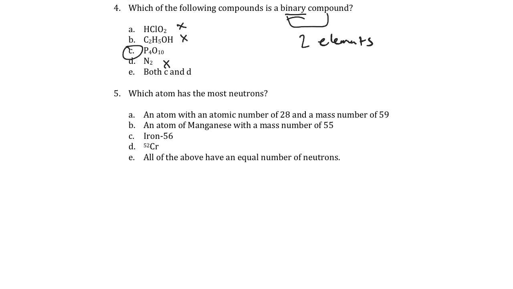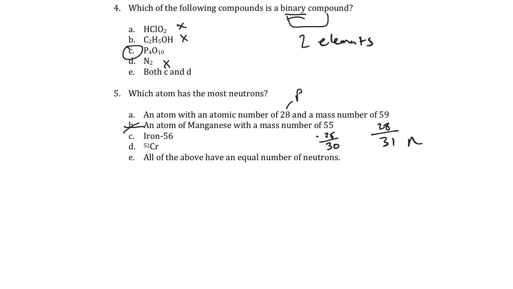Number 5, which one has the most neutrons? An atom with an atomic number of 28, mass number of 29. So this would be the proton count. If we subtract, that would be 31 neutrons for A. Manganese, I don't have a periodic table pulled up, so I'm opening one up. Manganese is element number 25, so 25 protons, so that would be 30.